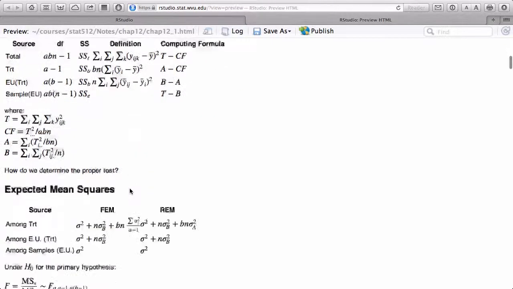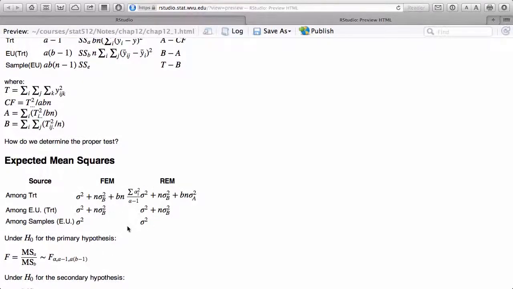However, if you do that, these nice expected mean squares aren't quite so nice. You don't have n's and b's, and it's much harder to compute those expected mean squares. For the nice cases, I'm going to show you how to compute them. There are some simple rules, and based on those simple rules, you can write out those expected mean squares. We're going to do that, I think in section 4 of chapter 12.